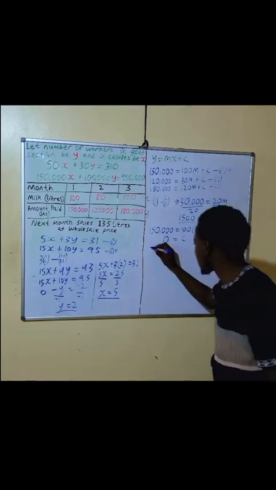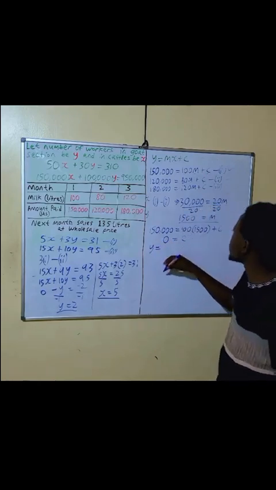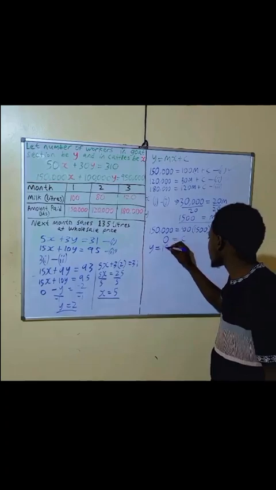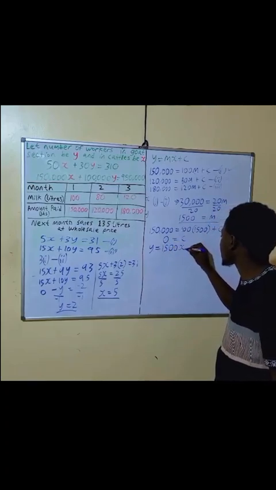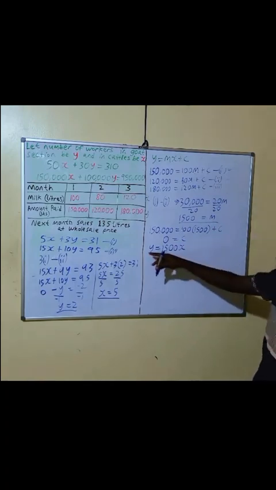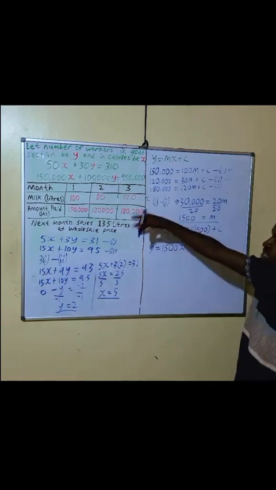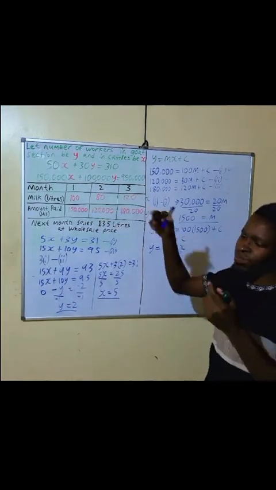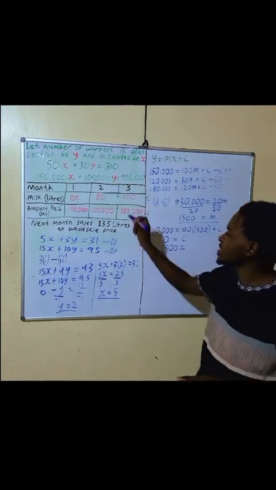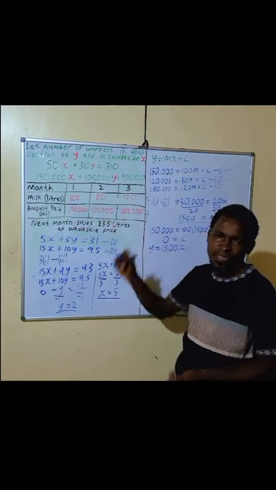It implies that y is going to be equal to 1,500x plus 0. So simply this is the equation that Jaja uses to determine all of these amounts of money that she received after selling these respective liters of milk.